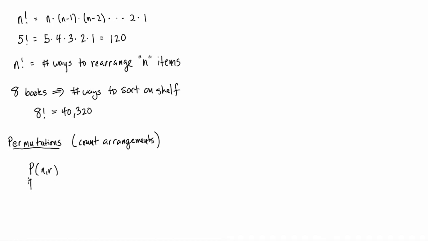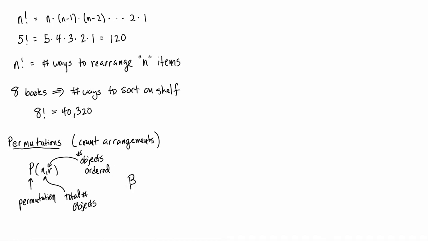The P stands for permutation. The n stands for the total number of objects. And the r stands for the objects ordered. So the number of objects that are ordered.